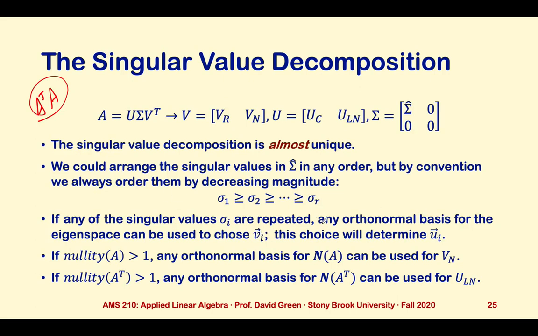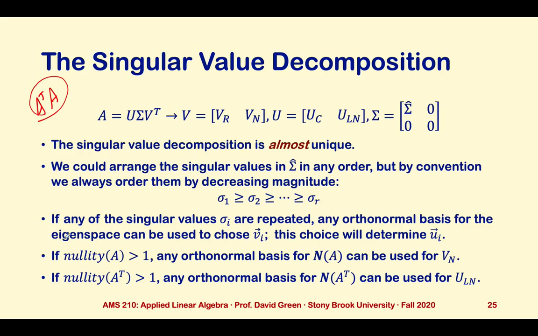We can choose any orthonormal basis for that eigenspace. We find the special solutions and orthonormalize them with Gram-Schmidt, for example. And that is a fine choice.